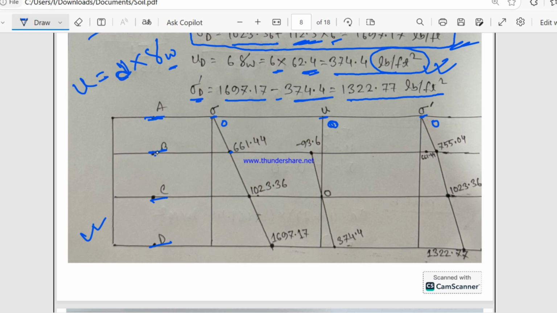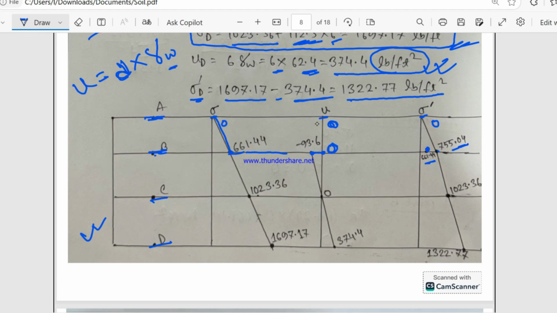So at point B, total stress is 661.44, and pore water pressure is 0. And for capillary rise, the pore water pressure is negative 93.6, and effective stress is 755.04. This is for capillary rise. And 661.44, this is effective stress.